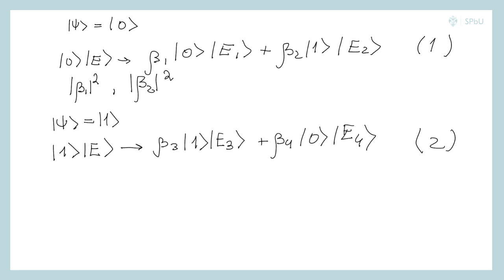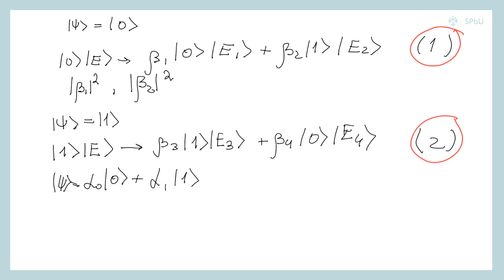Now, if we combine these two results of 1 and 2, we can see that in the general case, the total state of a system of a qubit in the superposition state psi, which is now alpha 0, 0 plus alpha 1, 1, interacting with a quantum channel in a state E, can be written as alpha 0, 0 plus alpha 1, 1, E, which turns into the following superposition.